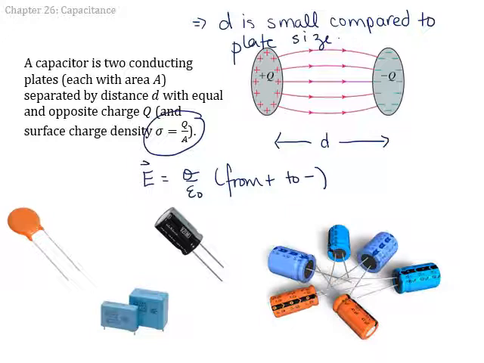And the last little bit that we'll add is that the space between a capacitor might be empty, might be just a vacuum, or it could be filled by something that we're going to end up calling a dielectric. So this space here, it might be empty or it might be filled up by something. So let's add a note for that as well. Space between the plates may be filled or empty.